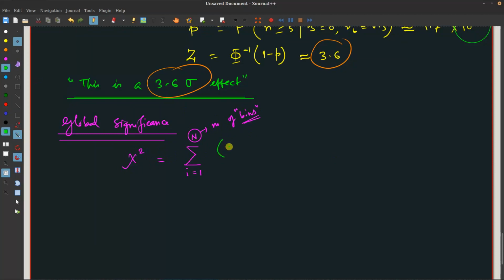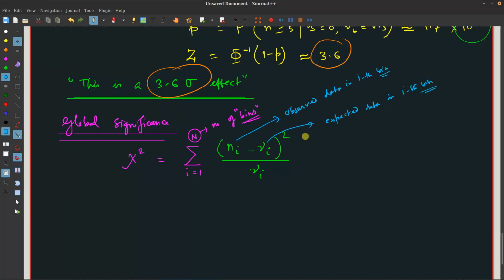Then here you have n_i minus nu_i whole square divided by nu_i. So this n_i is the observed data in the ith bin, and this nu_i is my expected data in the ith bin.